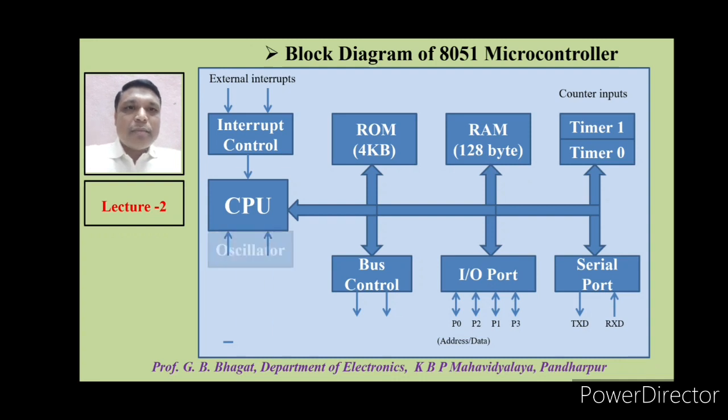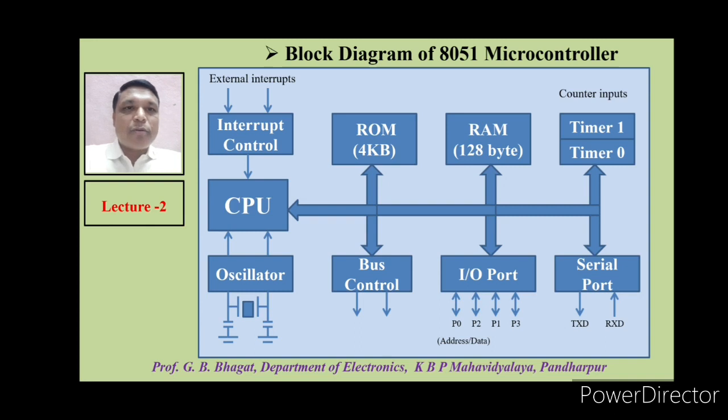The next block is the oscillator block. Oscillator block is one of the important blocks for this microcontroller because it provides the clock signal, which is very important for the function of this microcontroller. An external crystal and 2 capacitors are required to be connected externally.